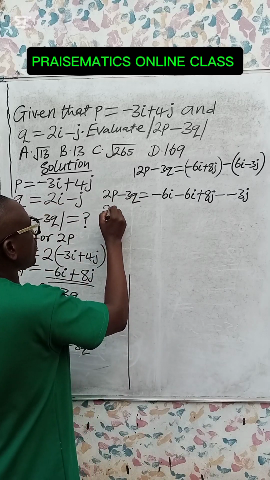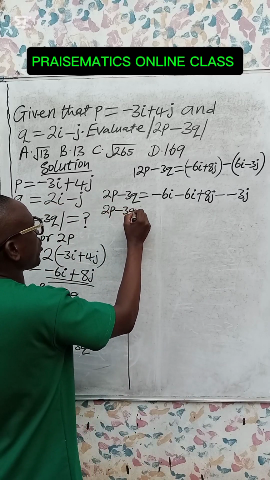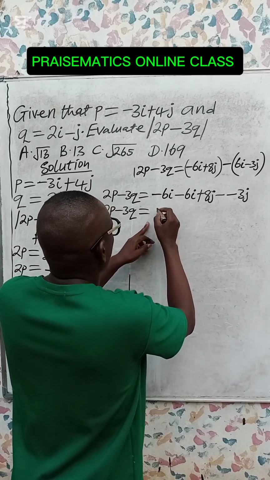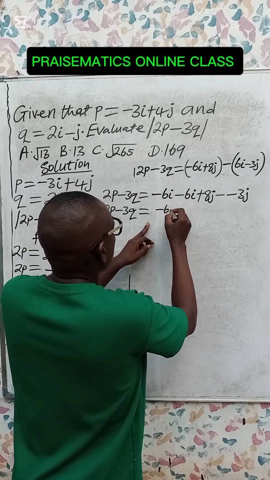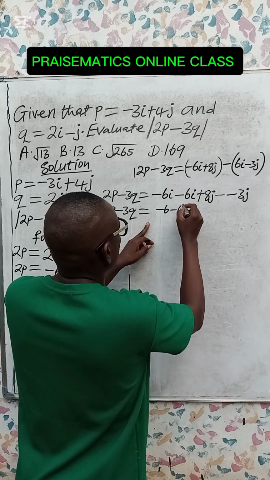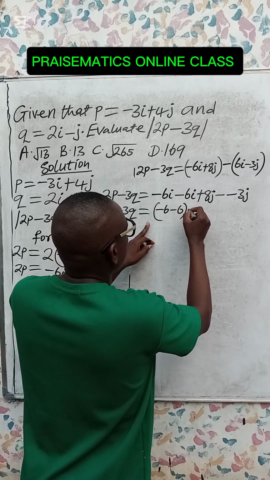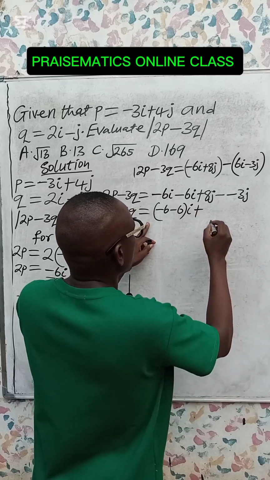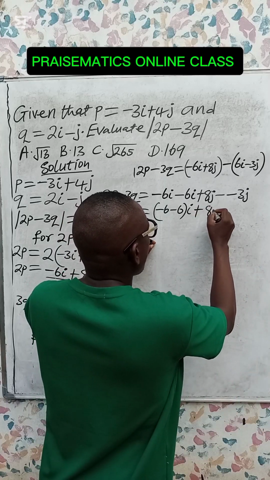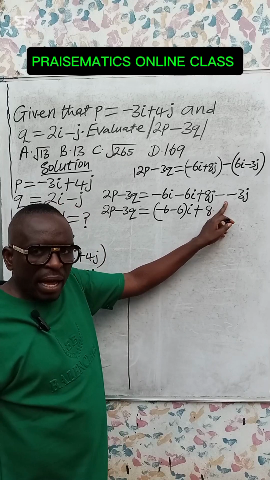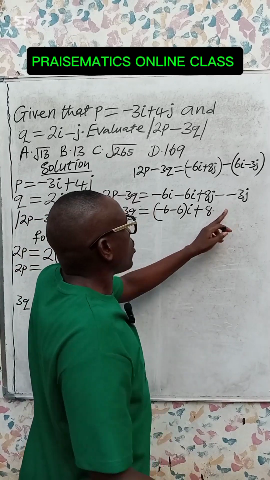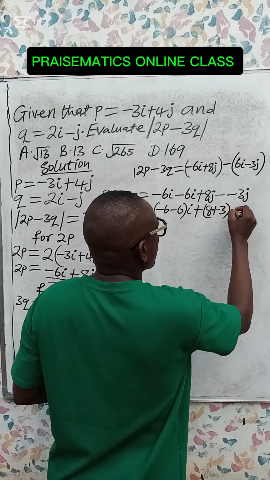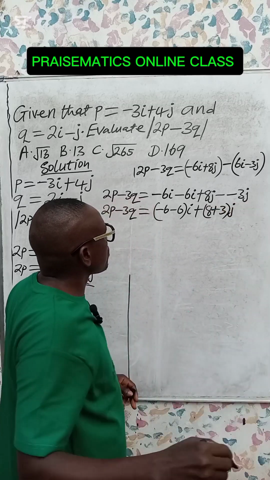The value of 2P minus 3Q equals, remember this is i, factor it out: minus 6 minus 6, all in the direction of i, plus 8 minus minus 3. Minus minus is plus, so plus 3, in the direction of j.